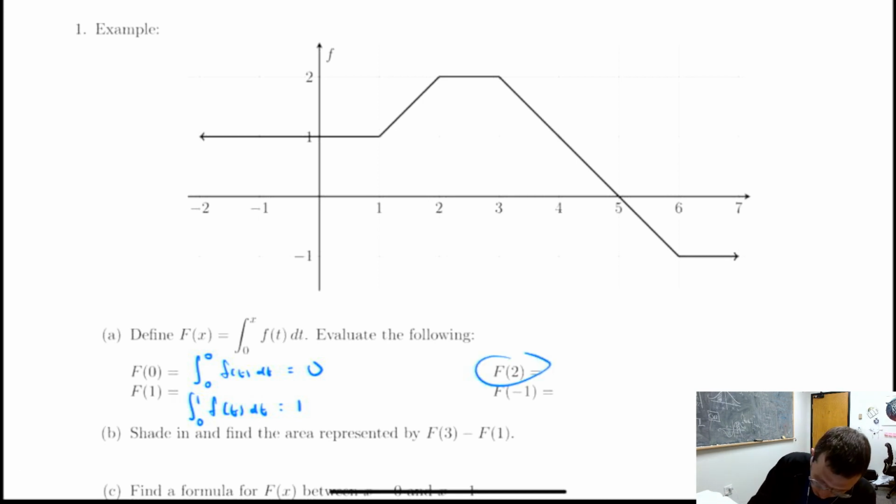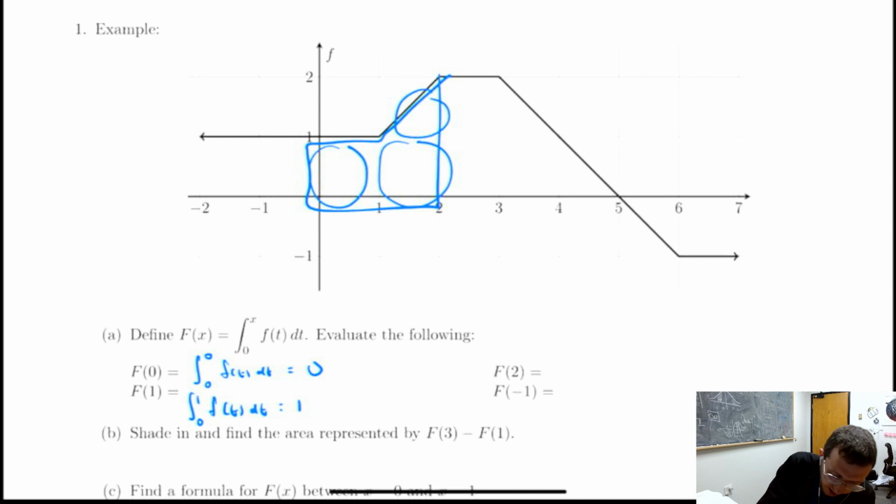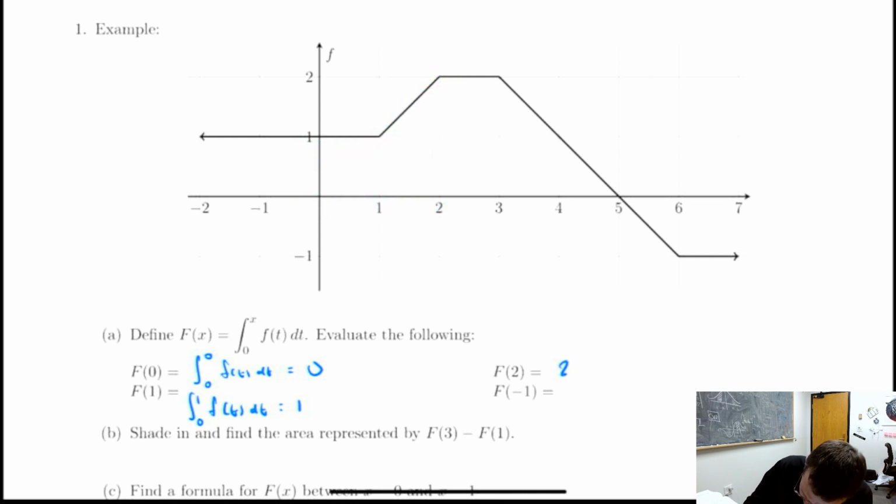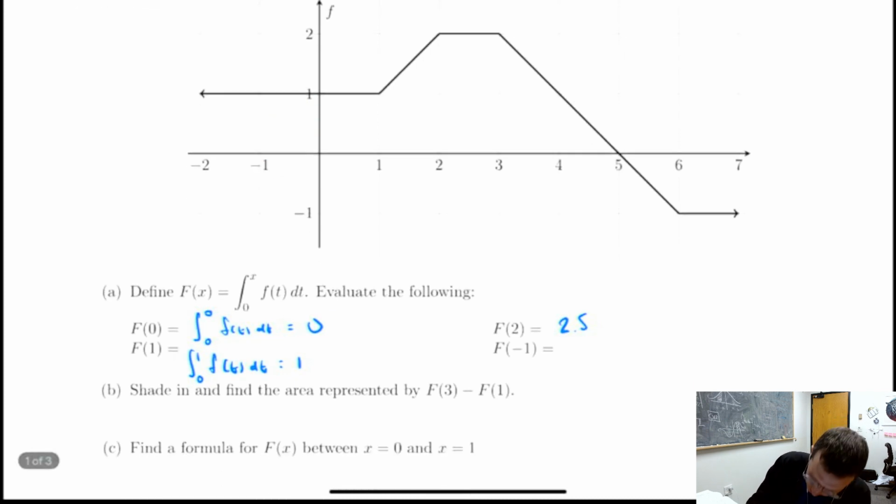F of 2, capital F of 2, is this area, which looks like 1, 2, and a half. So that's 2.5. And then F of negative 1, it looks like the area is 1, but actually the integral is negative 1. It's because we're integrating backward from 0 back to negative 1.